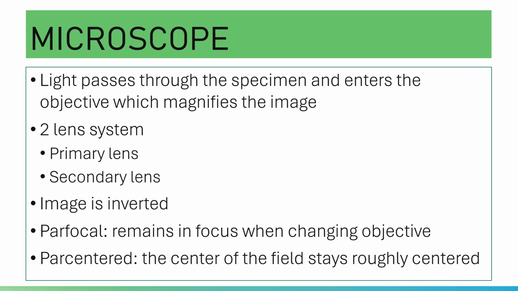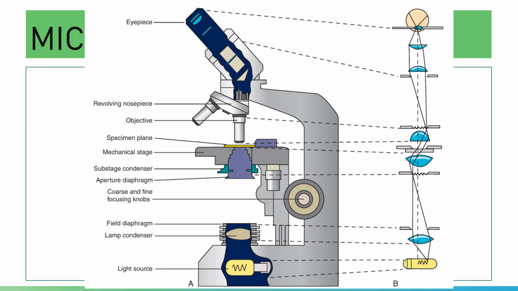Let's say, for example, you have already focused in low power objective, but then you want a higher magnification, and you shifted to the high power objective. If the center of the field stays roughly centered, then you call it par-centered.